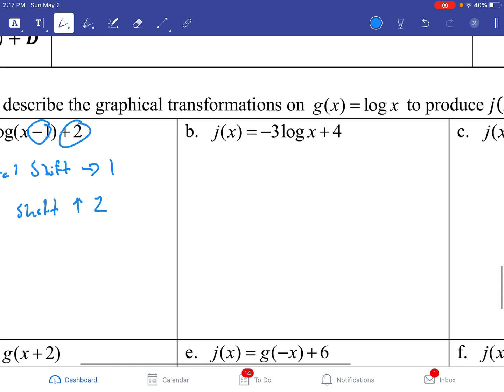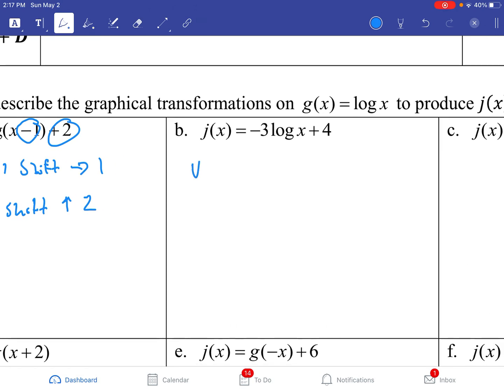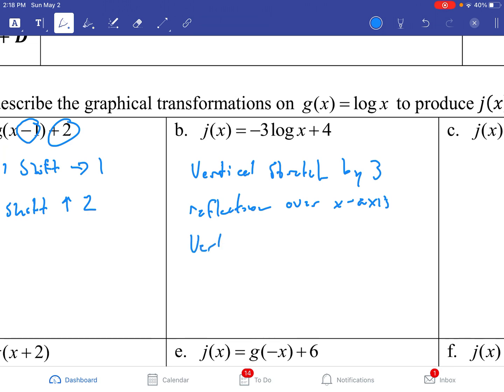All right, in part B, we have three things. The first one I'm going to write down is the vertical stretch by 3. And because the 3 has a negative sign in front of it, it is a reflection over the x-axis. And lastly, we have a vertical shift, up by 4.